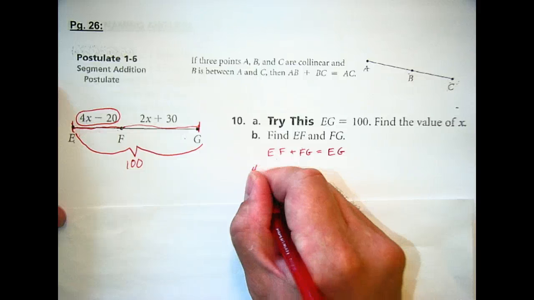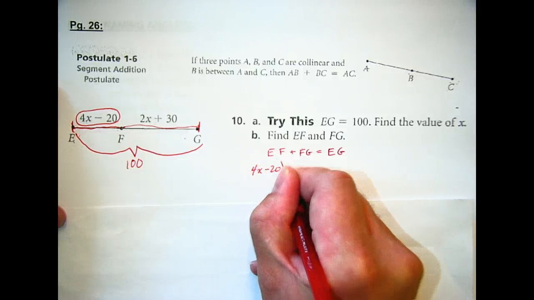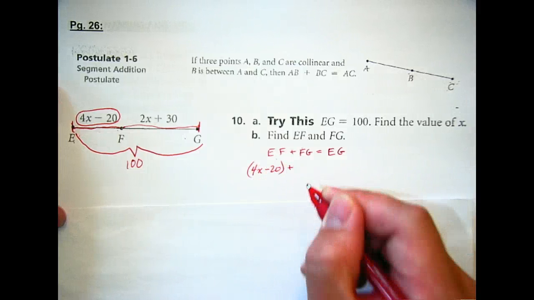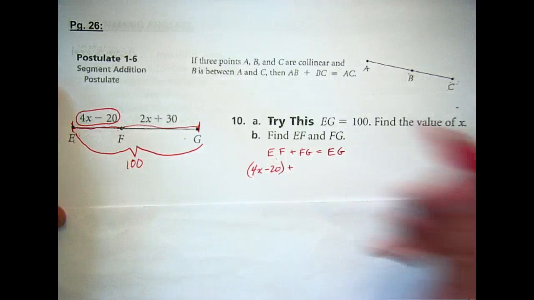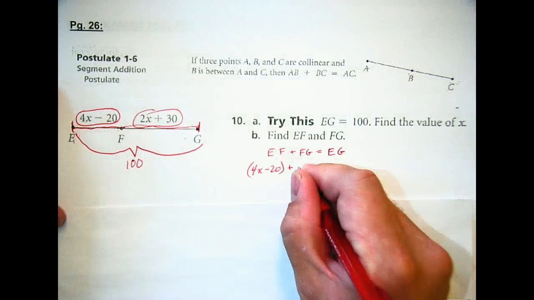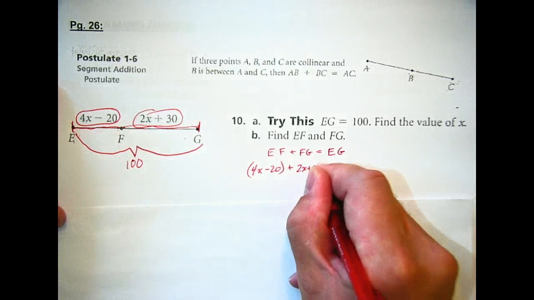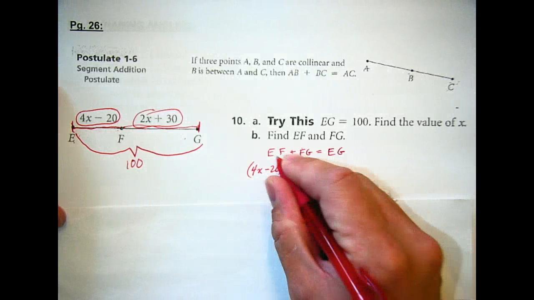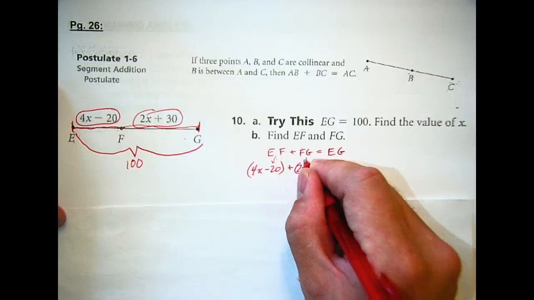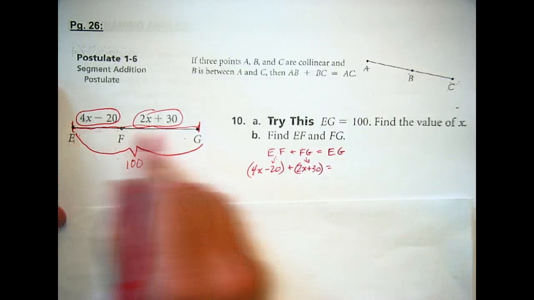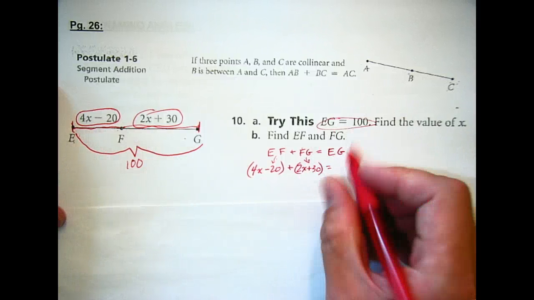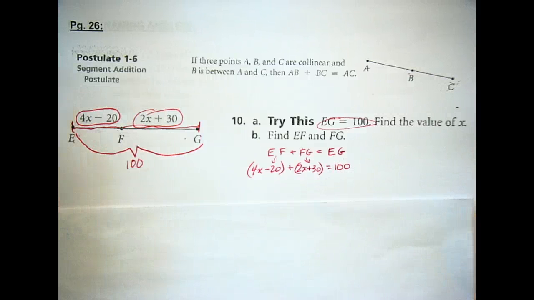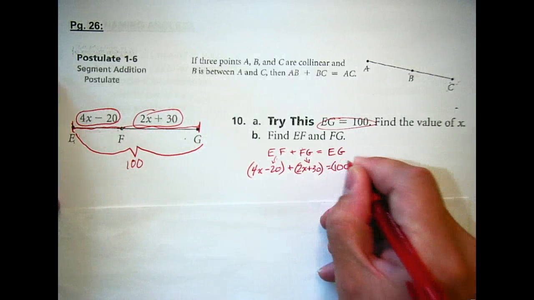It's kind of a weird name. Like if your parents named you that, you'd be like, well, thanks, Mom and Dad. And then your sibling, 2x plus 30. That's what FG is. So EF plus FG equals EG. And they told us EG was 100.